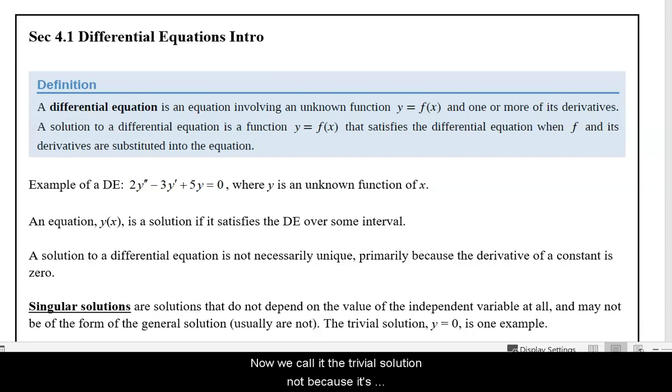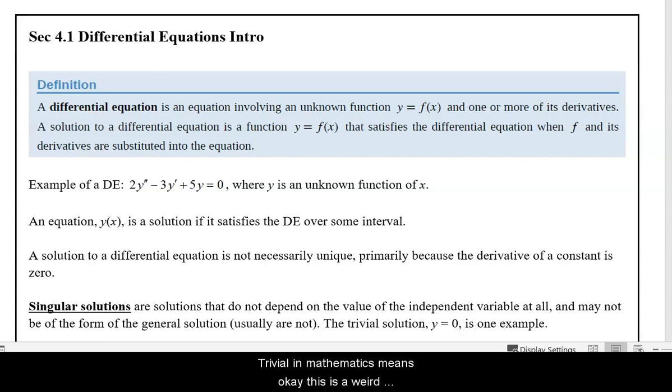Now, we call it the trivial solution, not because it's necessarily easy, but because it is true without a great deal of work. So in the case of trivial in the mathematics class, realize that trivial to a mathematician does not mean the same thing as it does to an English professor.